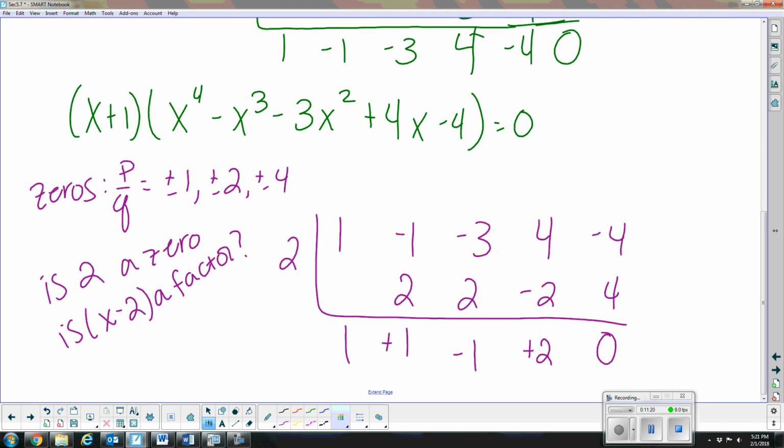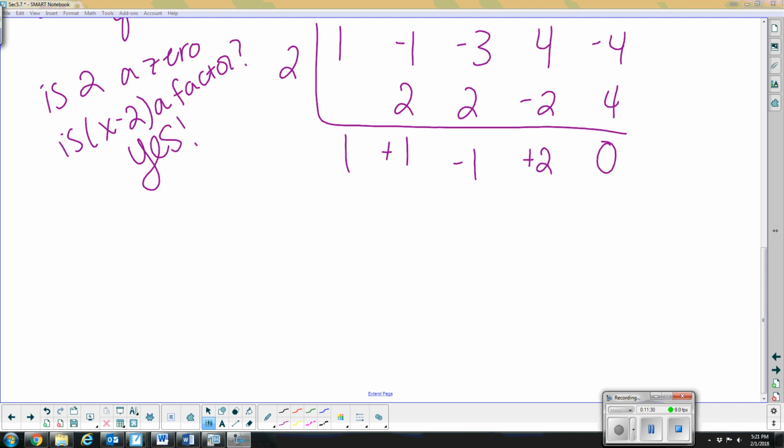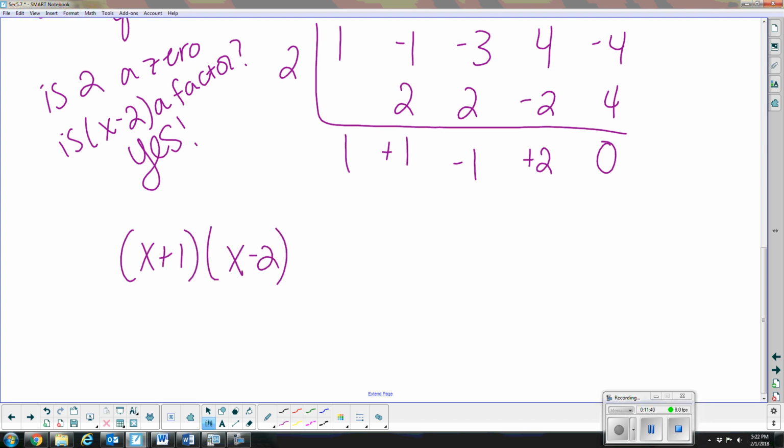And I have a 0 remainder, so yes, x minus 2 is a factor. So I'm going to go ahead and rewrite what I have so far. X plus 1 times x minus 2, x cubed plus x squared minus x plus 2.